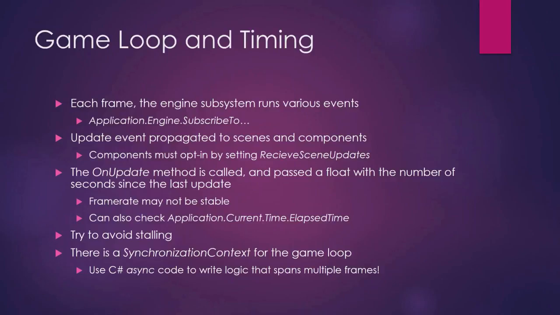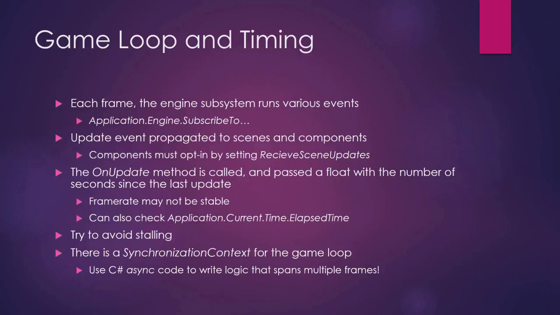Every time it loops, it looks at the active scene, and then looks at all of the components on the nodes in that scene which have set the receive scene updates property. And if they have set that, it then calls the onUpdate method.